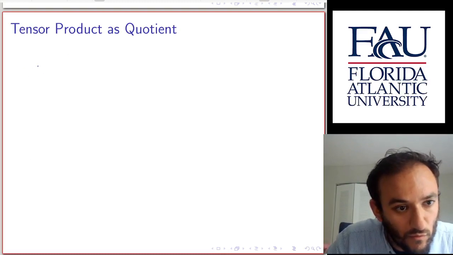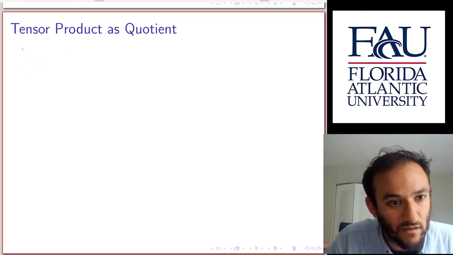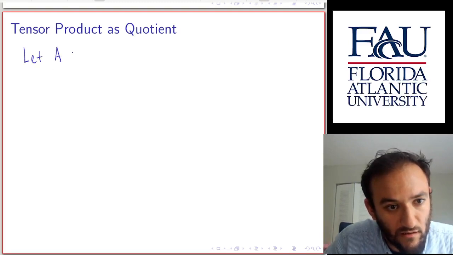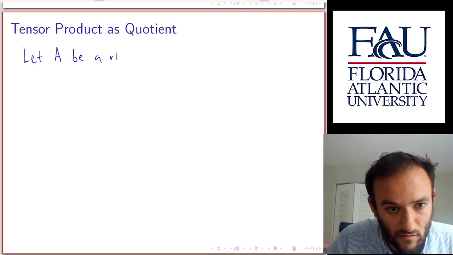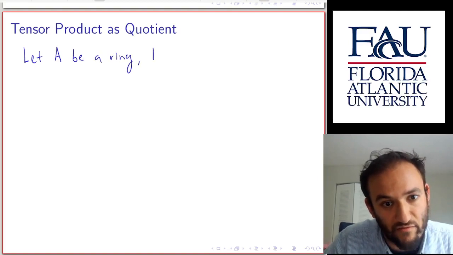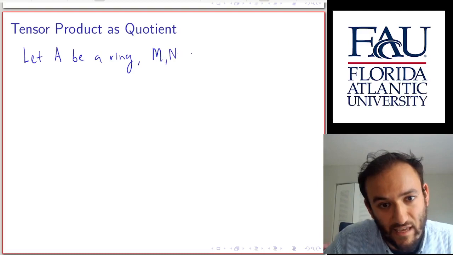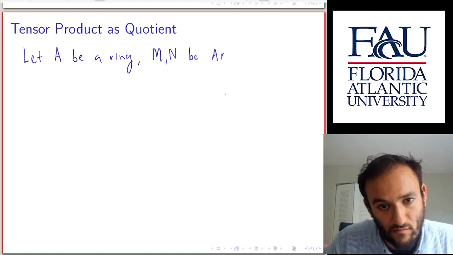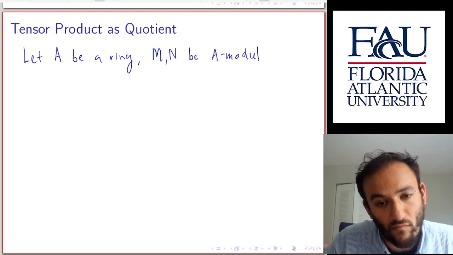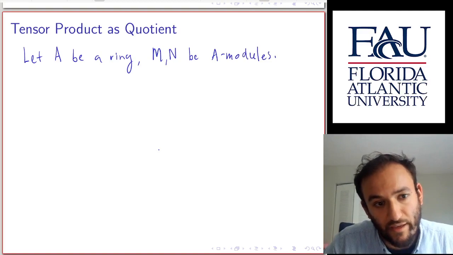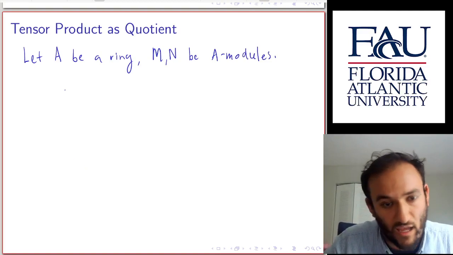So we're going to fix A as a ring, and we'll have M and N as A modules. And we're going to define an A module as follows.